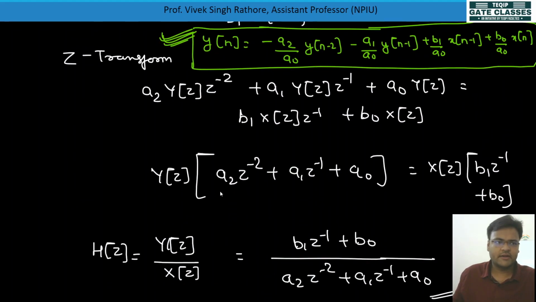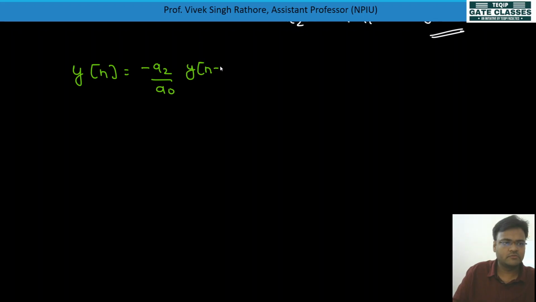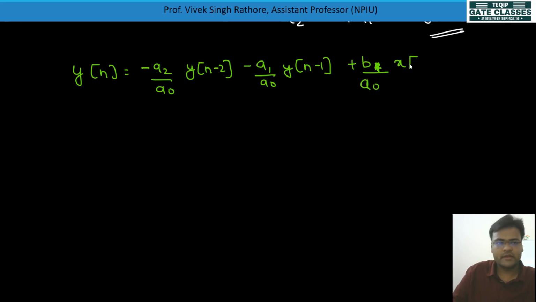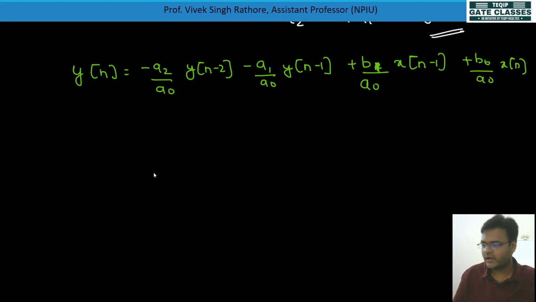So see, I will write here again, y of n is equal to minus a2 by a0, y of n minus 2, minus a1 by a0, y of n minus 1, and plus b1 by a naught, x of n minus 1 will be there, and plus b naught by a naught, x of n will be there. This we have just calculated. Now we'll see how we can make the block diagram from this equation.